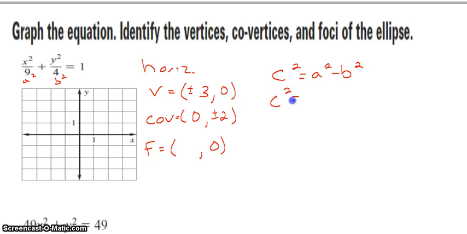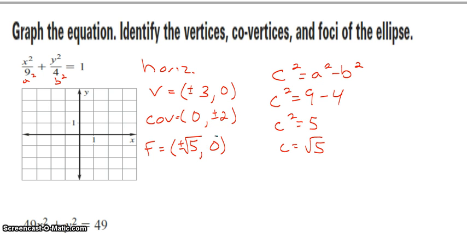So c squared equals a squared, which is 9, minus b squared, which is 4. These typically won't turn out nice. Here we get c squared equals 5, so c equals the square root of 5. You're not going to have to graph it, you're just going to have to identify it. You don't have to figure out where in the world your square root of 5 is. Don't worry about it.